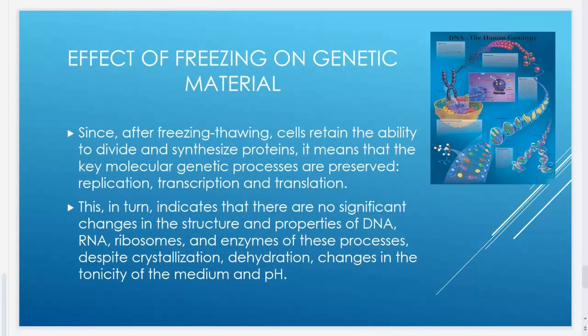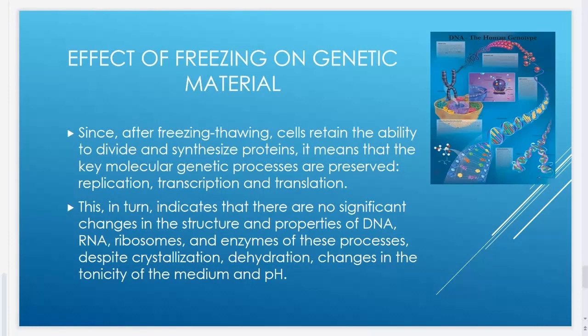Since after freezing and thawing cells retain the ability to divide and synthesize proteins, it means that the key molecular genetic processes are preserved: replication, transcription, and translation. This in turn indicates that there are no significant changes in the structure and properties of DNA, RNA, ribosomes, and enzymes of these processes, despite crystallization, dehydration, and changes in the tonicity of the medium and pH.